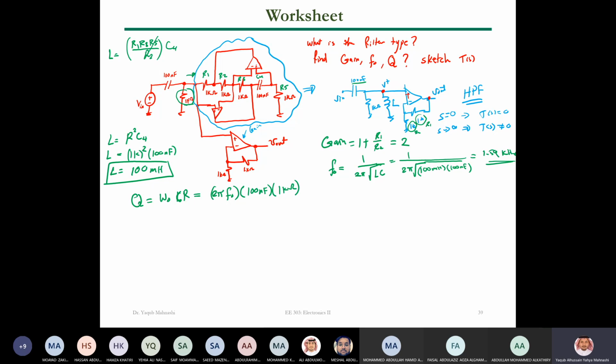So if someone goes ahead and changes this resistor, let's say to 100 ohms, I will change only the Q. Note that, let me ask a conceptual question. If I play with this resistor somehow between 100 ohms to 1 kilo ohm, what will be the effect on the gain? What do you think?